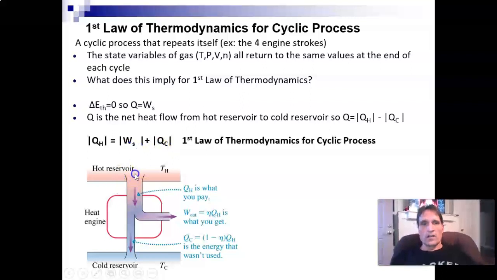This is displayed using energy transfer diagrams, which we're going to discuss a little more here, where you have heat entering, positive Q H, some of it going into doing work, and some of it being exhausted into the cold reservoir. And we can get rid of these absolute value signs if we remember that all of these are positive quantities.